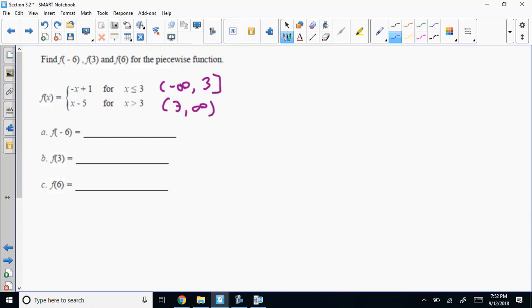So I identified my domains and wrote those out. I got f of negative 6. Negative 6 falls between negative infinity and 3, so I'm going to use this one.